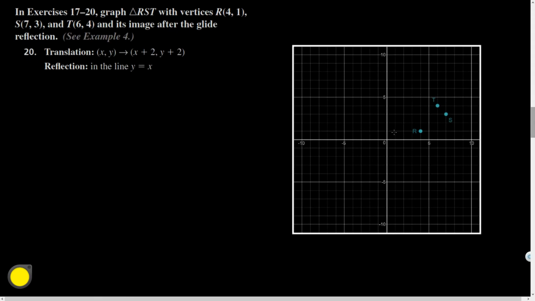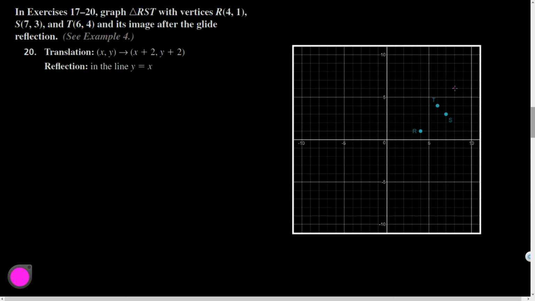Ooh, I pre-drew my pre-image. So what do we call this when we translate and then reflect? A glide reflection. That's right. So let's see. Looks like I'm gonna add 2 to the coordinates, both x and y respectively.